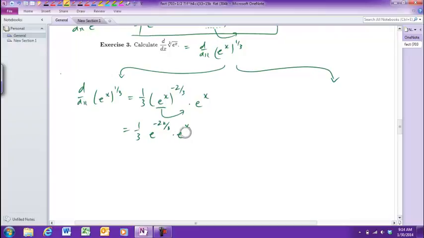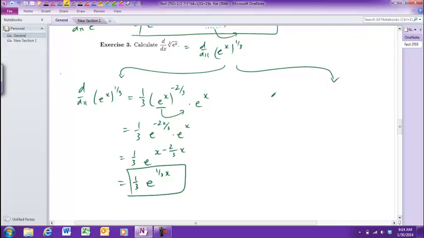And if I have the same base, I can add the exponents. So this becomes a 1/3 e to the x minus 2x over 3. That's a -2/3 x, really, is maybe a better way of thinking about it. So x minus 2/3 x is just 1/3 x. And that's my answer.